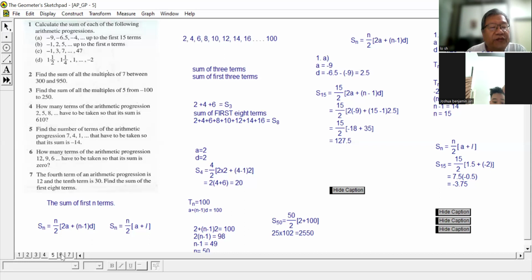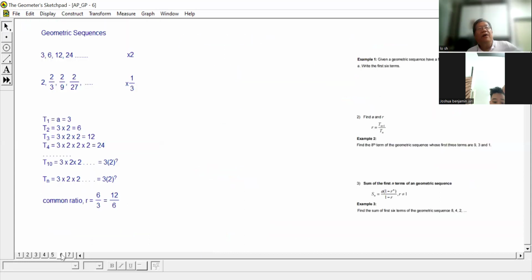Okay, we move on. Now the next one is geometric sequence. Now this geometric sequence, in our first lesson, I showed you 3 types of sequences.